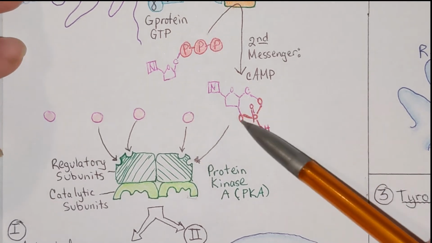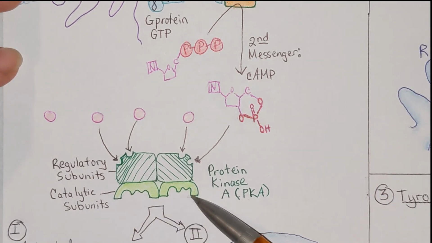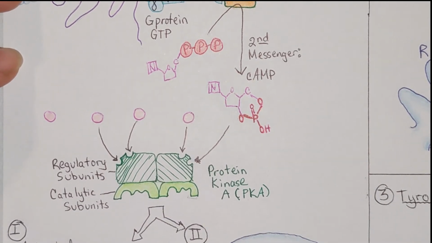Okay, so now that cyclic AMP has essentially liberated these 2 catalytic subunits, finally we start to get the downstream effects of the receptor, right? So whatever we would think of as the action of the hormone can now be produced by these kinases.